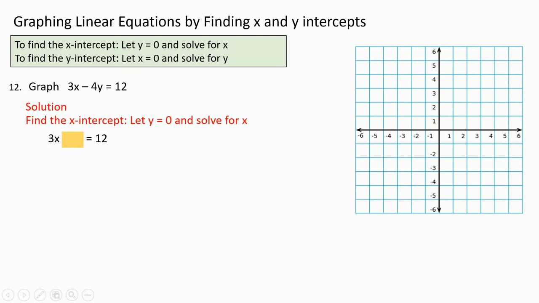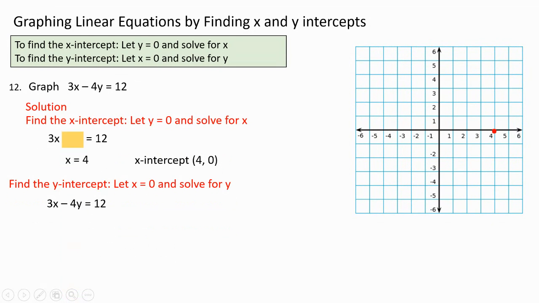So let's cover that one, because again, if y is 0, the y term will be eliminated. It will be 0. Now in our heads, we can divide both sides by 3. So x equals 4. So my x-intercept will be (4, 0). The (4, 0) is over here on the graph. I just graphed it.